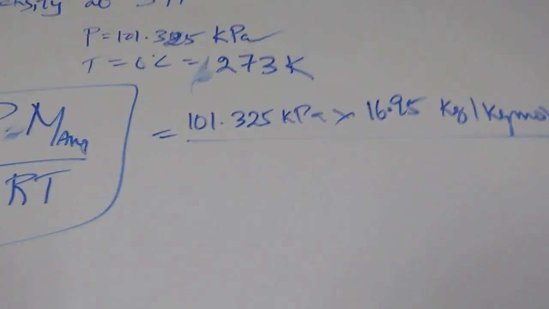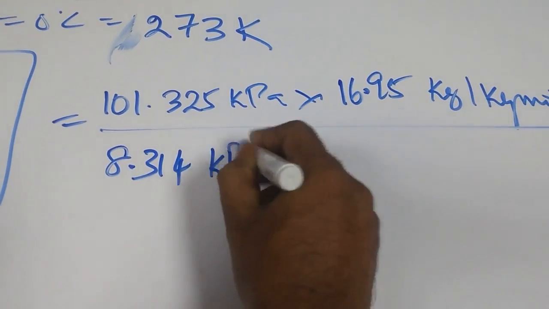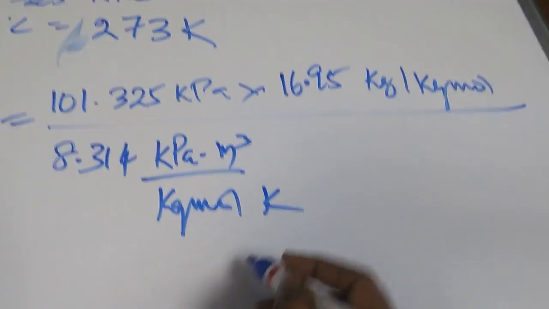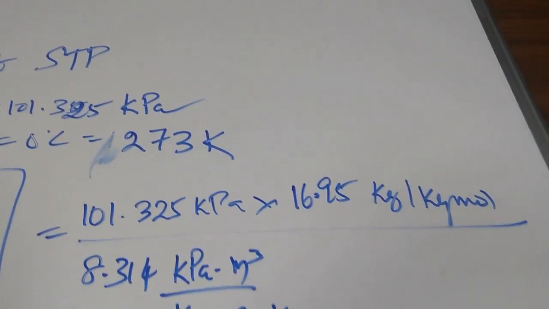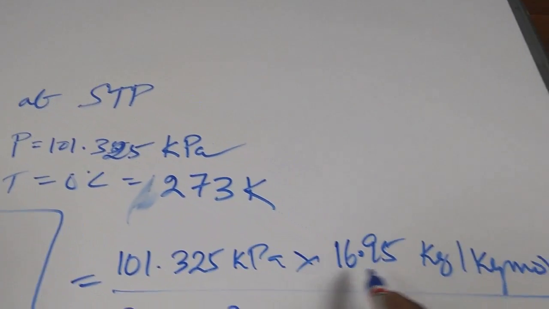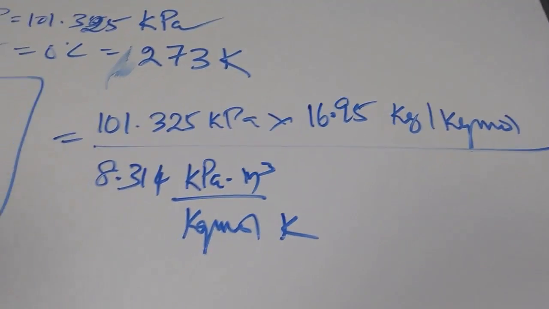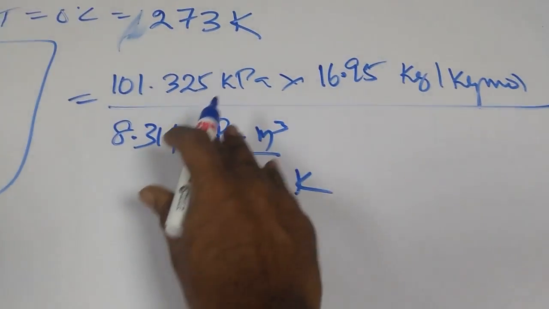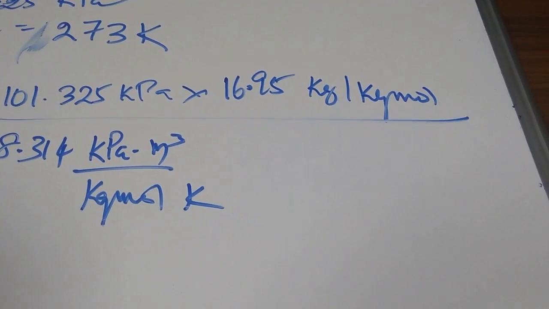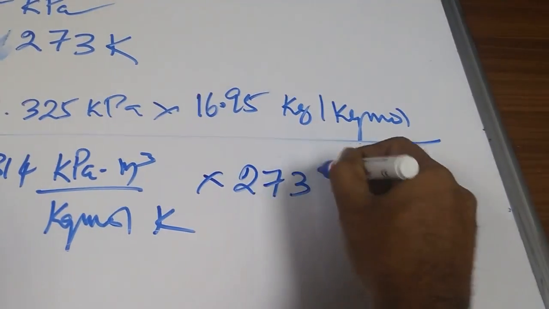R value is 8.314 kilopascal meter cube per kg mole Kelvin. You can use another R value, but then you have to change your pressure value to the corresponding units. That's why it is important to remember one value of R and substitute all the values corresponding to its units. Temperature is 273 Kelvin.